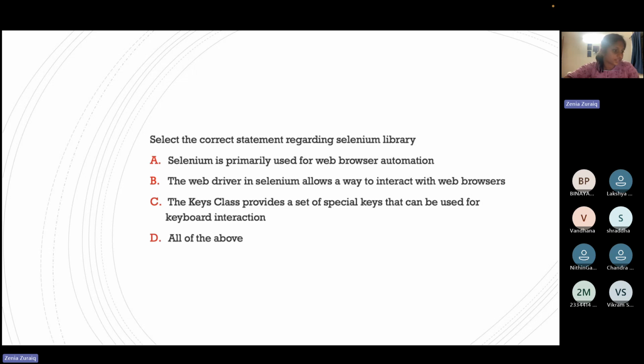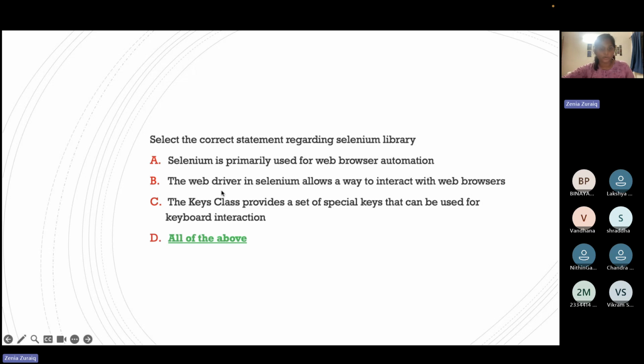I can see three answers in the chat. Okay, please interact, guys. It will be good. But yeah, thanks to those who answered.